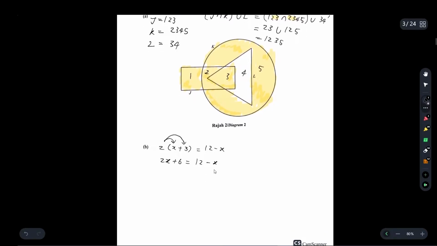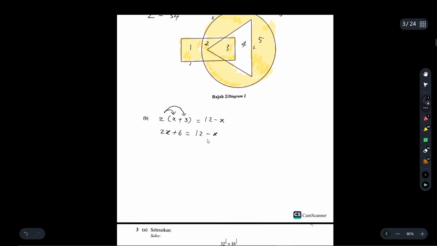Right now I'm going to leave s on one side and the numbers on the other side. So we'll be throwing 6 to here and the negative s to here. After we throw the plus 6 to the other side, we have a negative 6, right? And the negative s will become positive s.